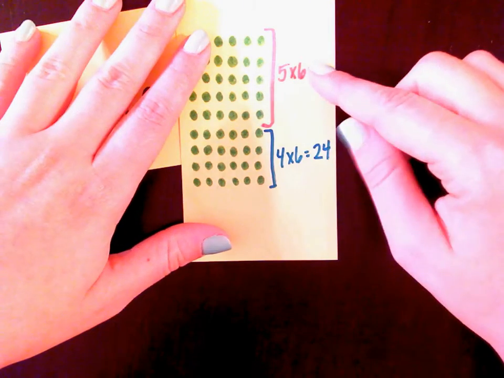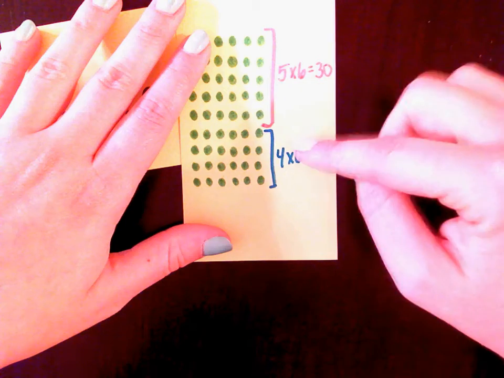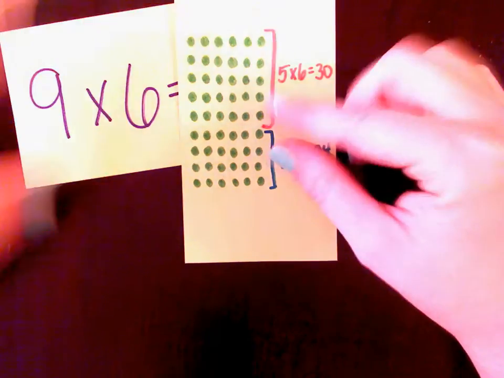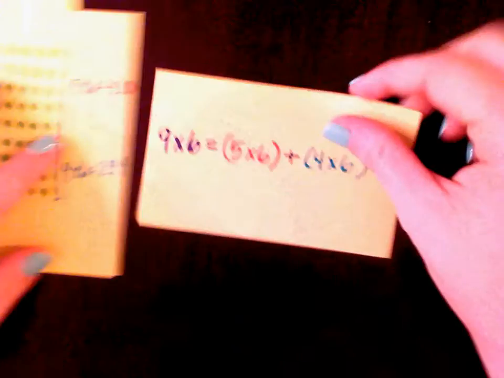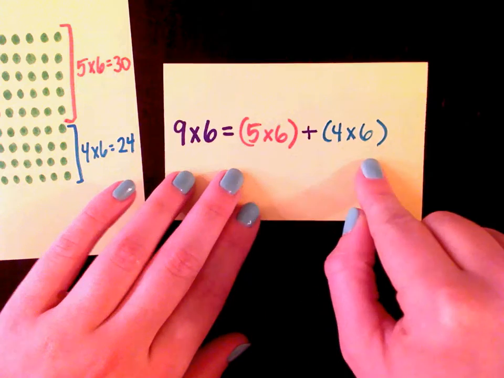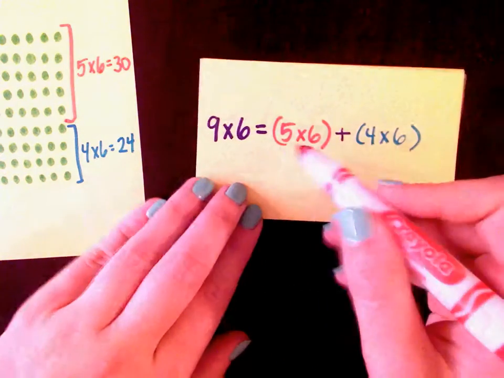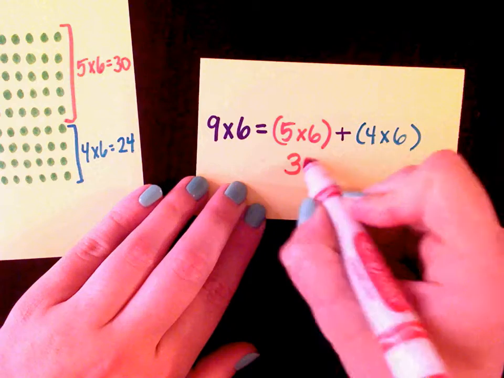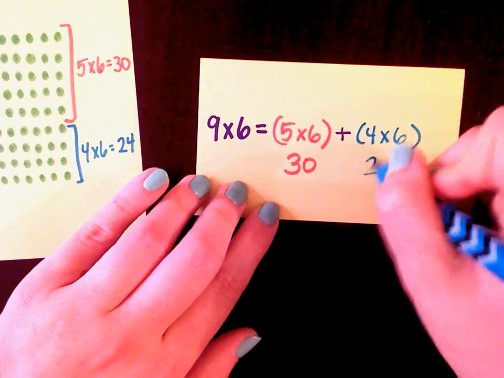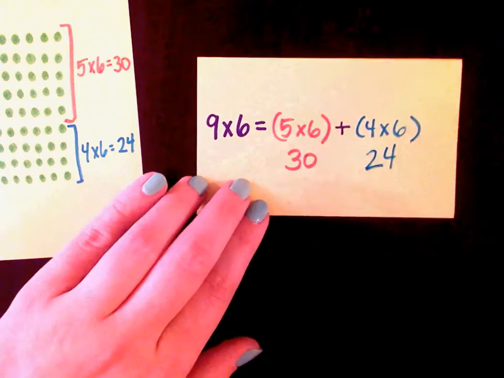So now we find the sum of the products of our smaller facts, which were 5 times 6 and 4 times 6. So we figured out that 5 times 6 was equal to 30, and 4 times 6 was equal to 24.